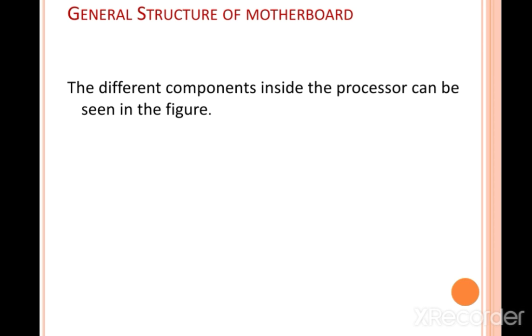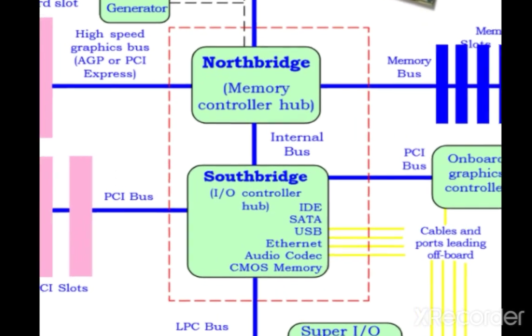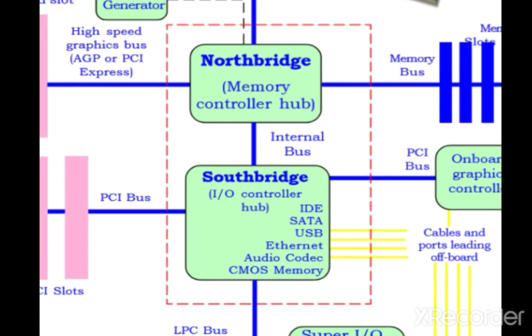Structure of motherboard. The different components inside the motherboard can be seen in this figure. See, in this picture we can see 2 things bolded: north bridge and then south bridge. You know, the whole motherboard cannot perform each and everything, so they made it 2 groups.